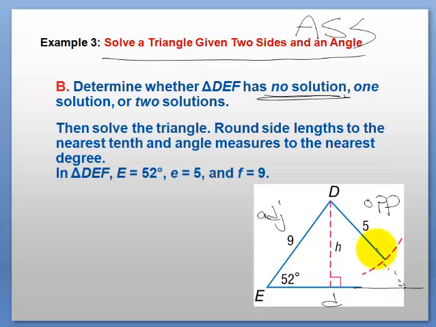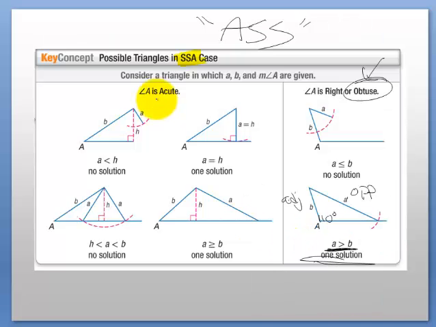So as soon as we recognize that the opposite is less than the adjacent, we go back to our chart. The original is acute, and our A value, our opposite, is less than our adjacent. Here are our options. We either have no solution, so that length is not long enough to reach, or we have 2 solutions, and this is our ambiguous case.